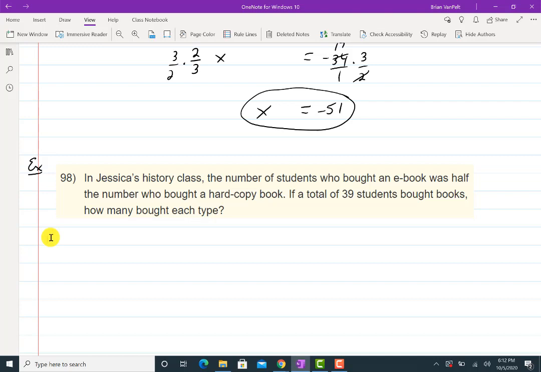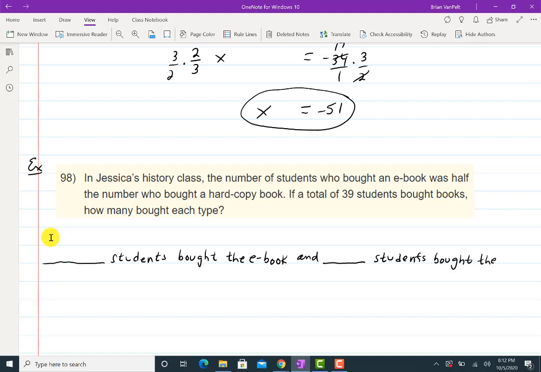How many bought each type? So I can write the answer and say blank students bought the e-book and blank students bought the hard copy.